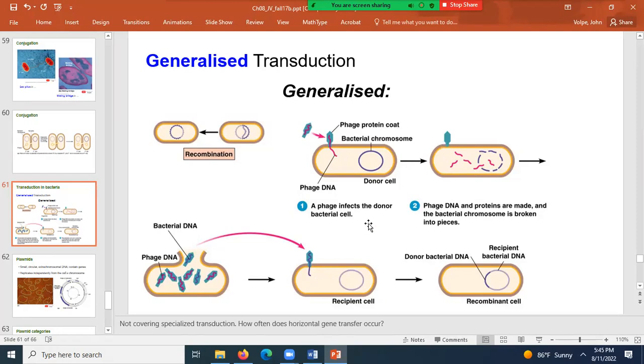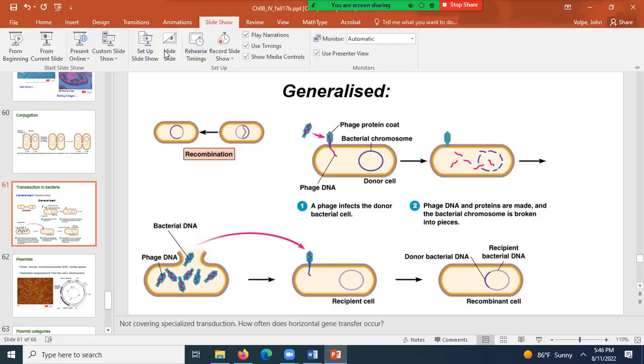The viral protein and the viral DNA will then get together. And then the last thing the viral DNA codes for is the lysis of the cell, and that will release the newly replicated viruses.